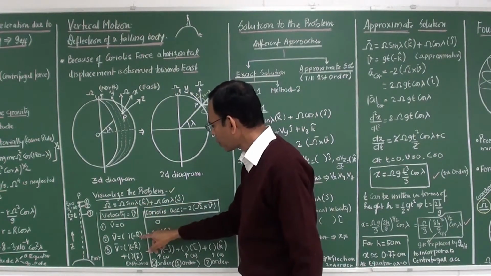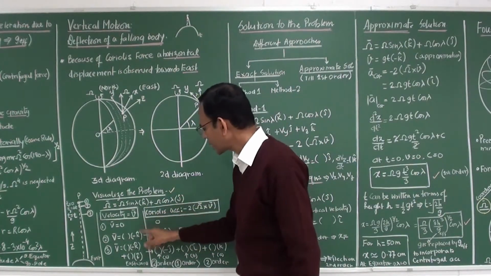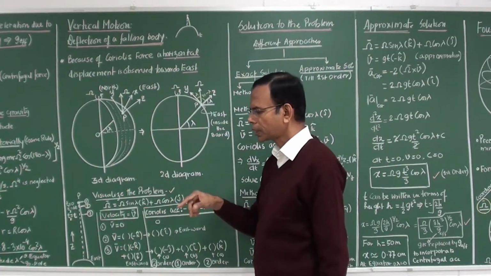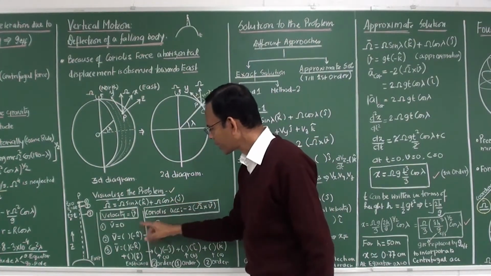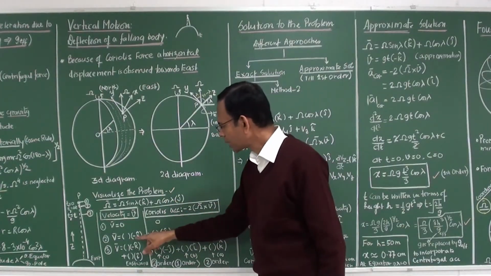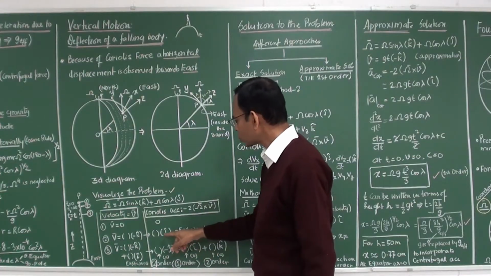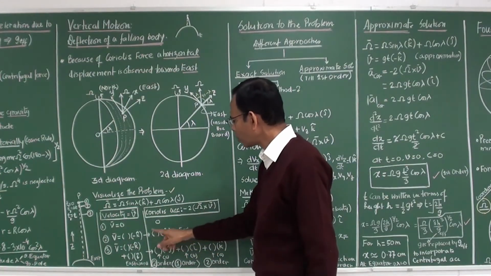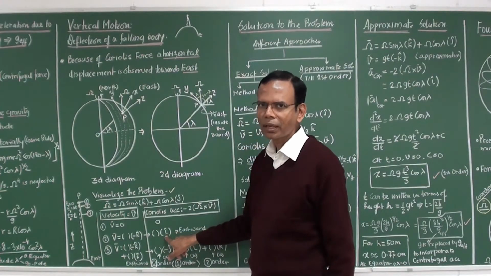So k cap cross k cap is 0. j cap cross k cap is i cap, but with the minus sign, so it is in the direction of i cap.